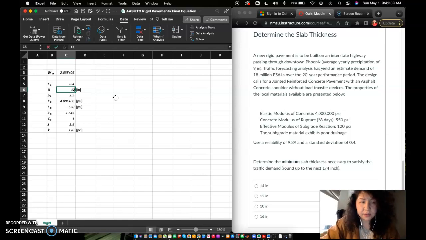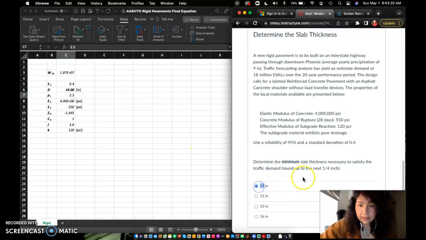So I'm going to get as close as I can. So 13, 14. Okay, so 13.75, 14. Okay, so my minimum thickness should be 14 inches.